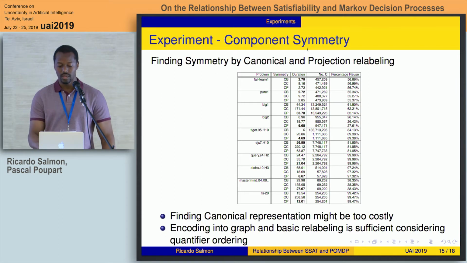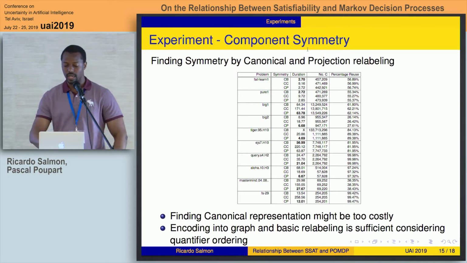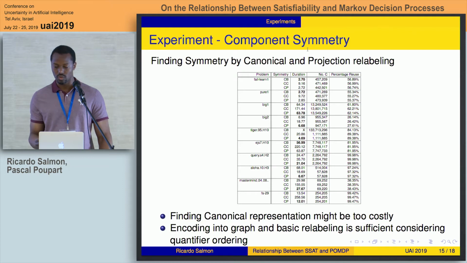So overall, the canonical representation was too costly on most of the problems, but a simplified version had a lot of improvements over traditional component decomposition.